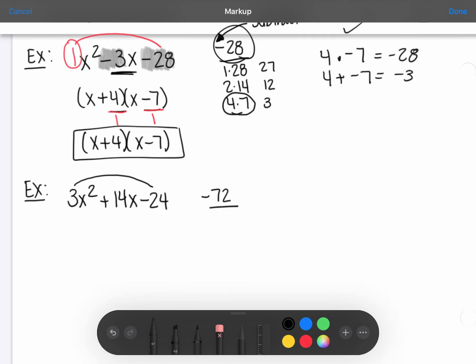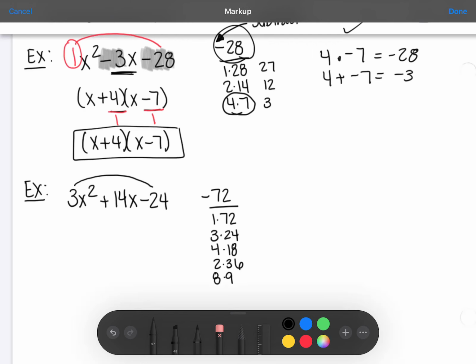And so factors of 72, 1 and 72, 3 and 24, 4 doesn't go into it. Yes, it does. Oh, and I missed 2, didn't I? 4 and 18, 2 and 36, 5 doesn't go, 6 doesn't go, 7 doesn't go, 8 goes 9 times.